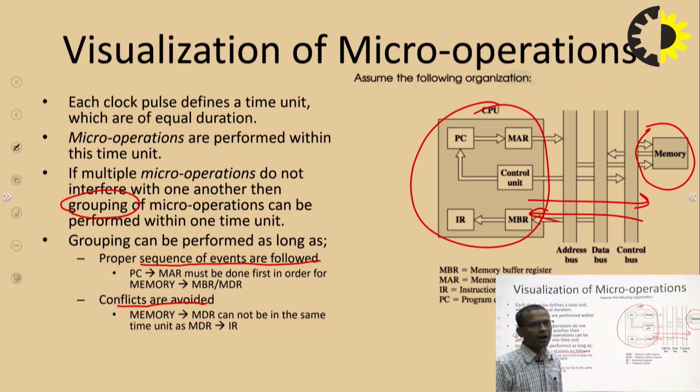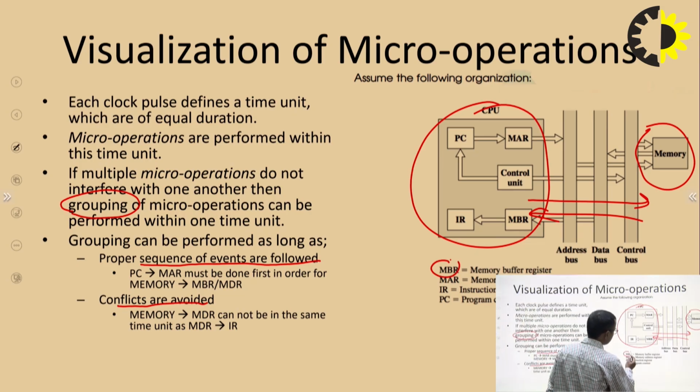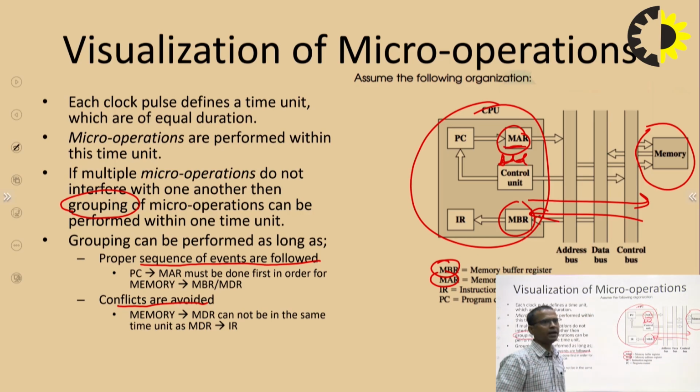For your understanding, take these two well-known registers, MBR and MAR, the memory buffer register and the memory address register. We send an address to the memory, at which location a particular data, instruction, or indirect address is.